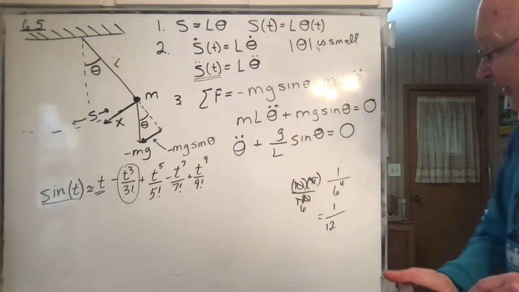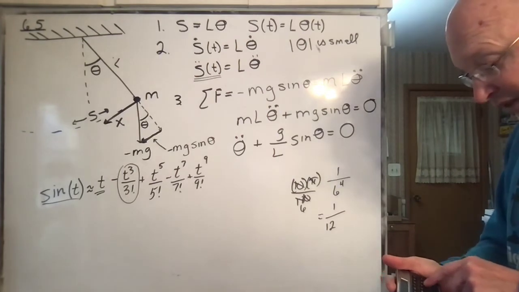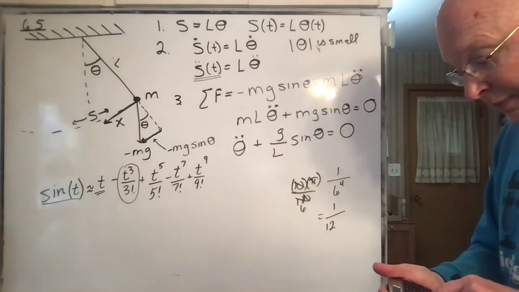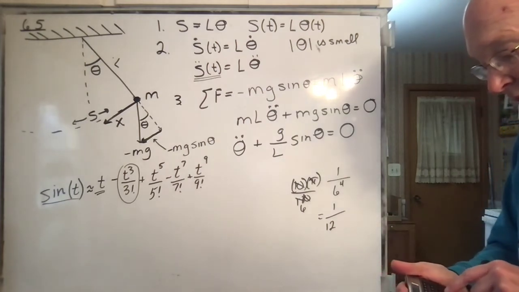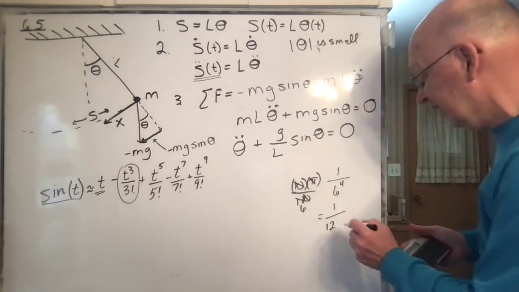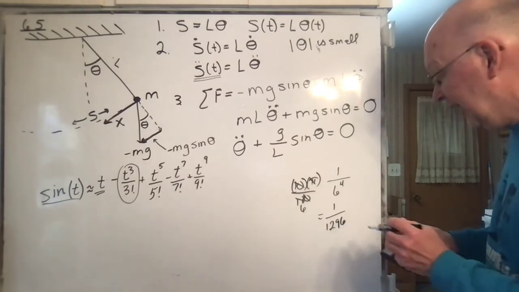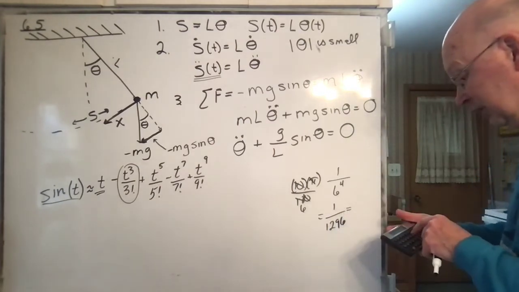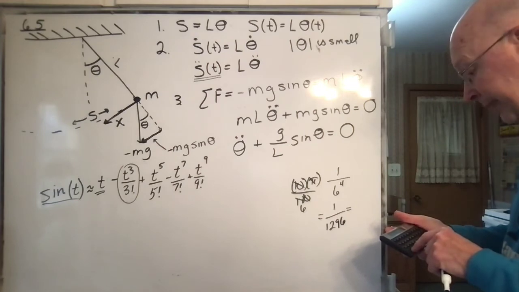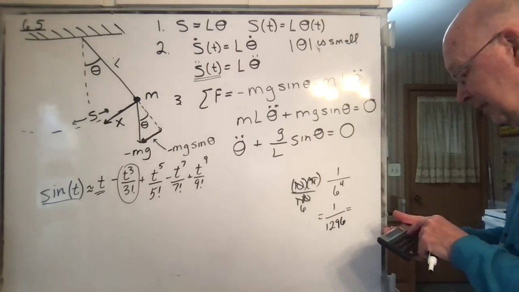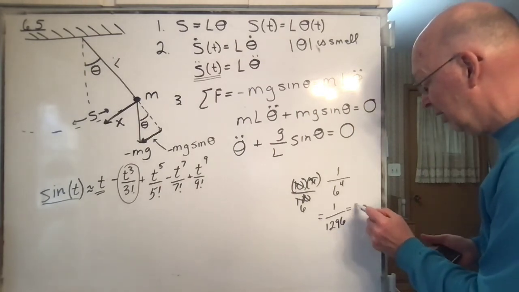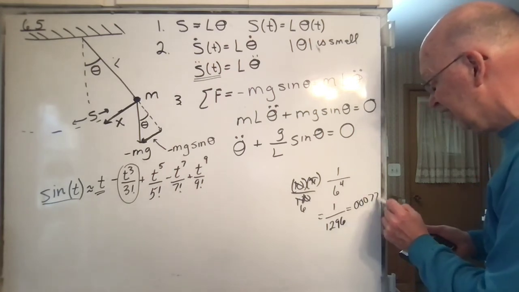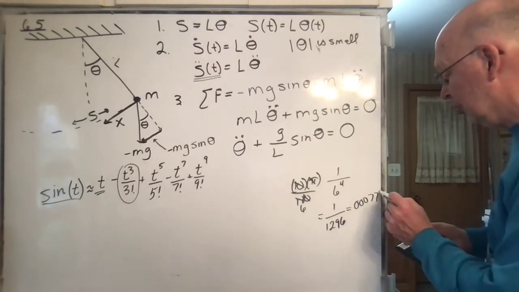Let's calculate that: 6 to the 4th is 1296, and 1 over that is 0.00772.